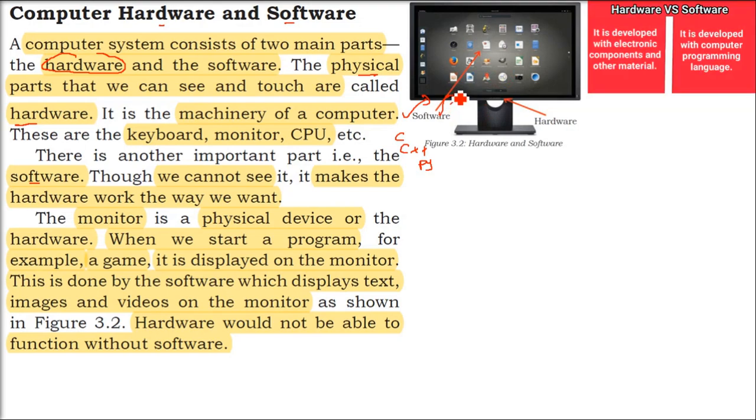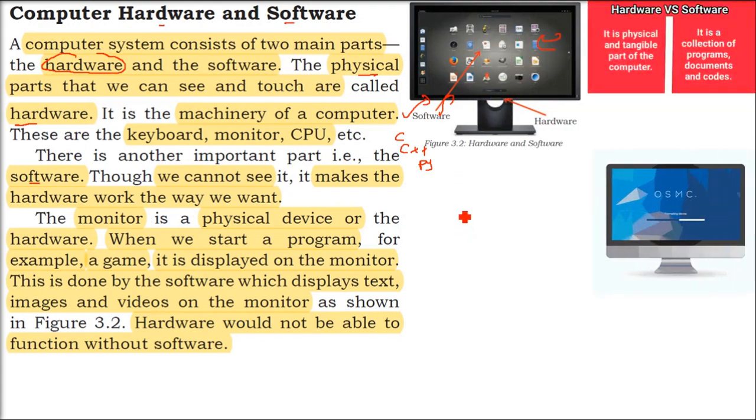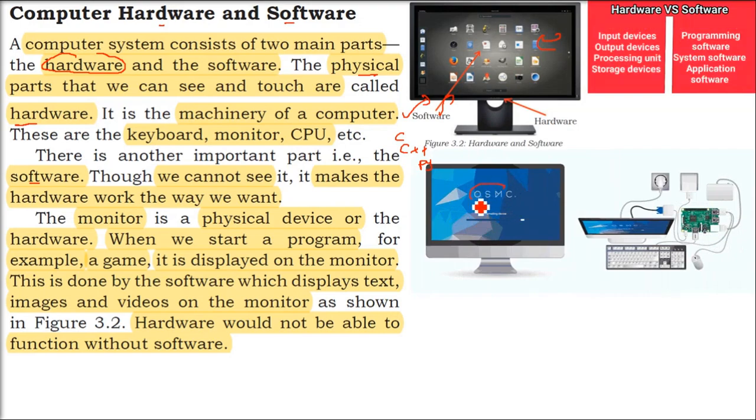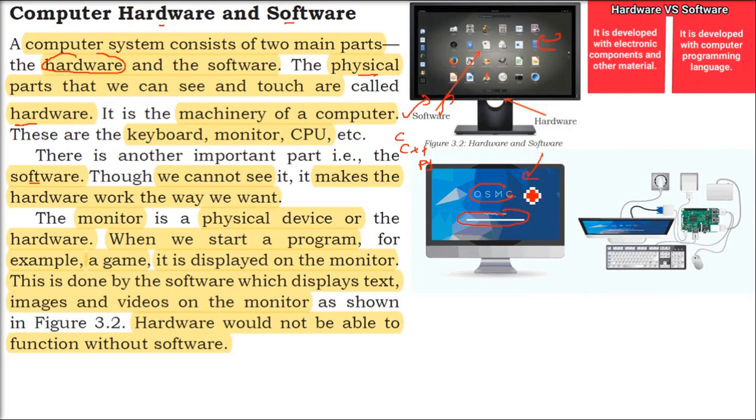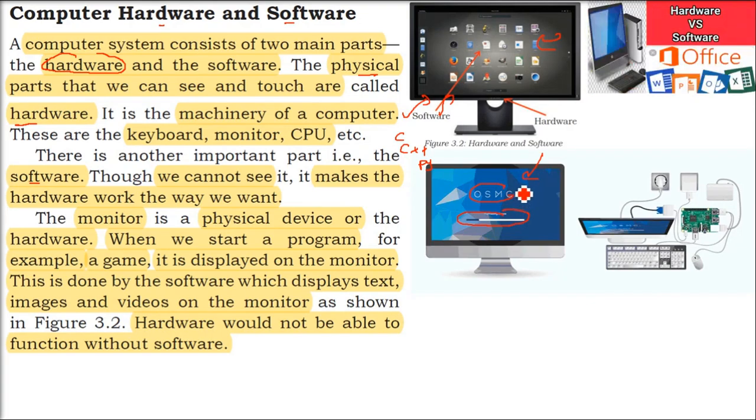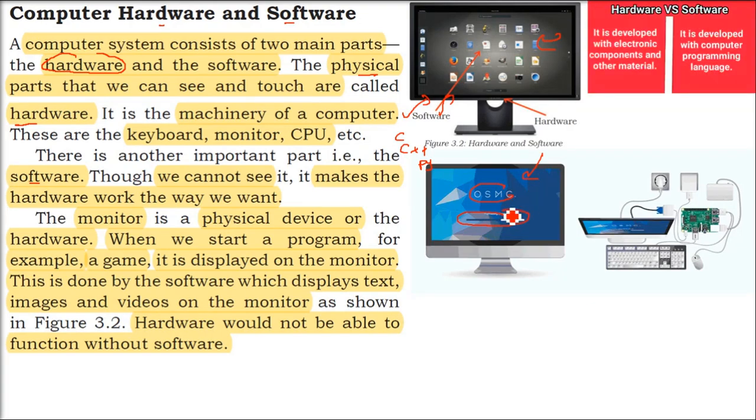So this operating system is a software, the basic software, which will make the hardware work the way we intend it to. We have certain instructions on the basis of which the hardware is going to run. See this monitor. This is a physical device. So whenever we start a program, for example a game, it will be displayed on the monitor.